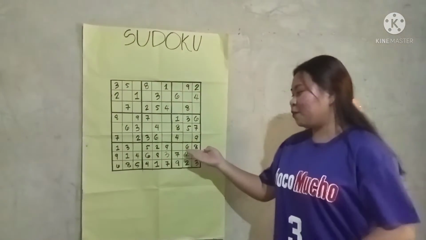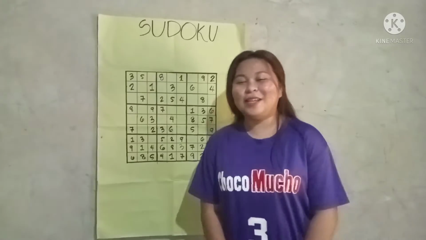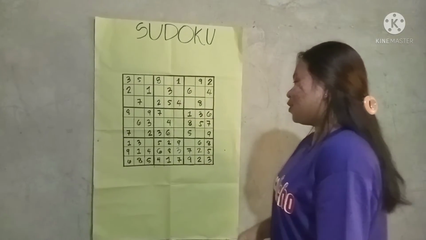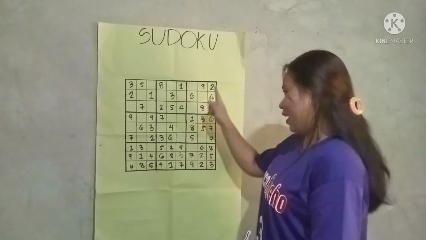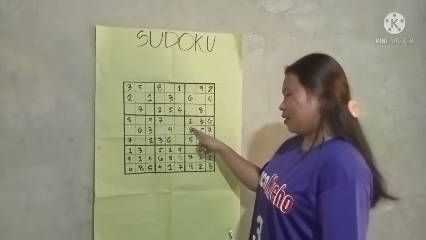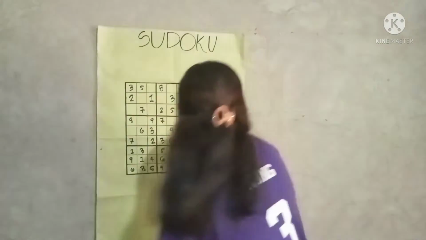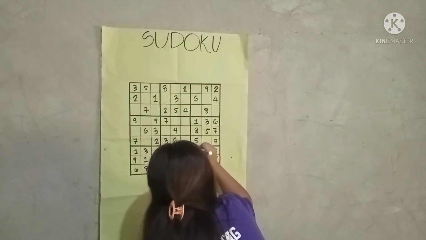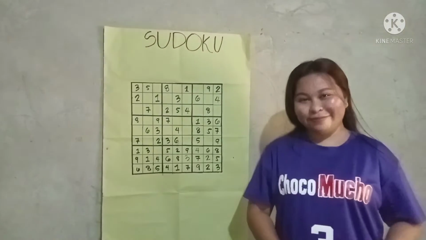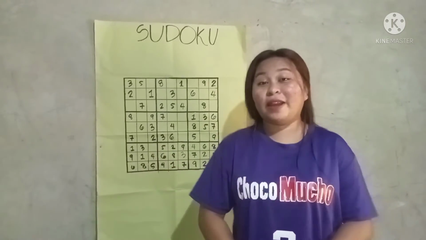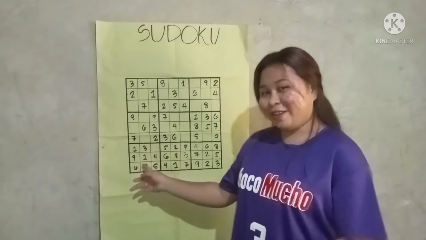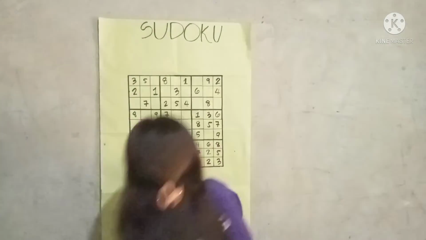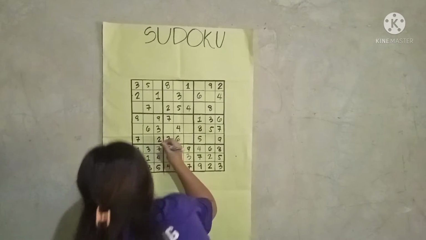Now, let's proceed to the second box. As you can see in the line, there's the number 8. So we're gonna put the number 4. In the remaining box, the remaining number is 7. So we're gonna put the number 7 in there.